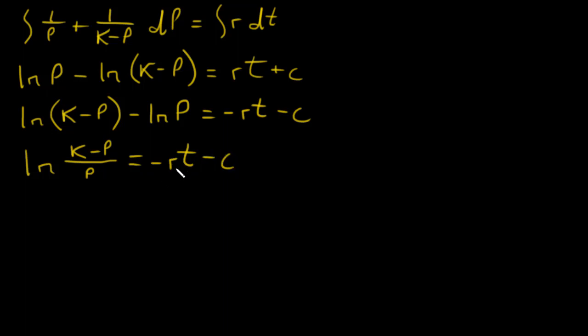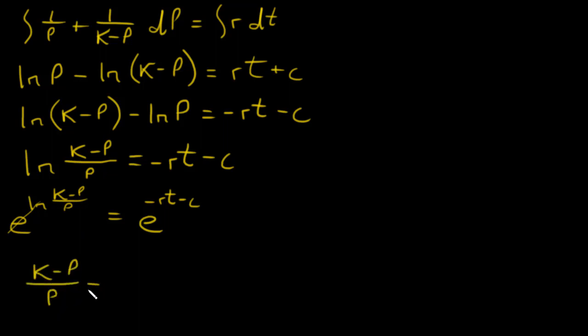And at this point, I will apply the exponential. So I get e to the natural log of k minus p over p is equal to e to the negative rt minus c. Now, these are inverses, so we get k minus p over p is equal to e to the negative rt times e to the negative c.